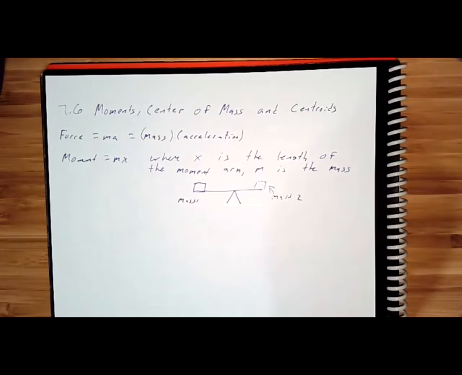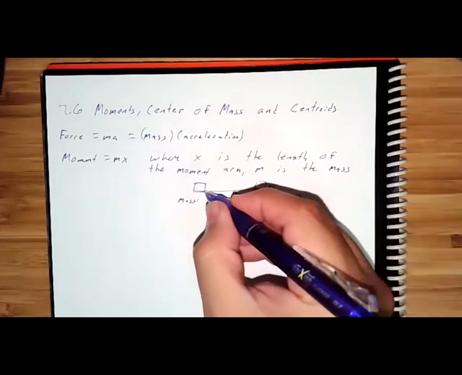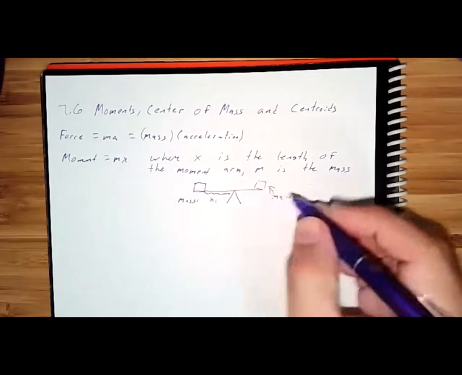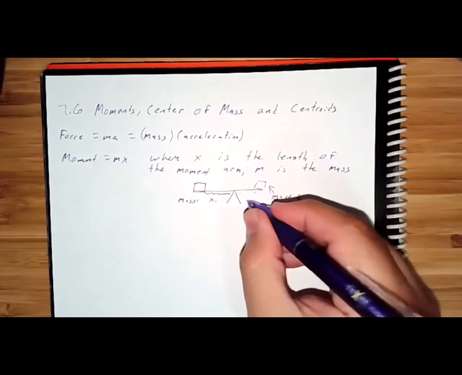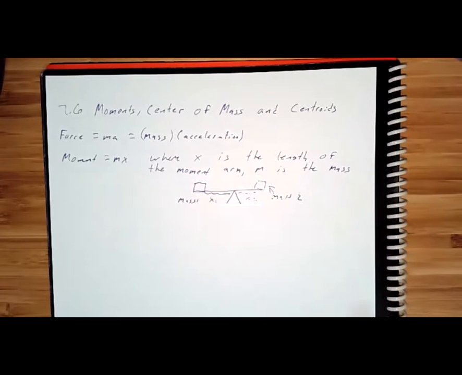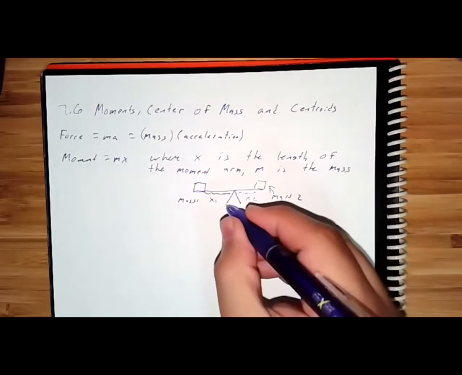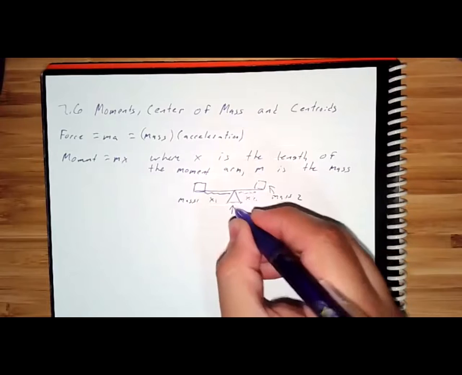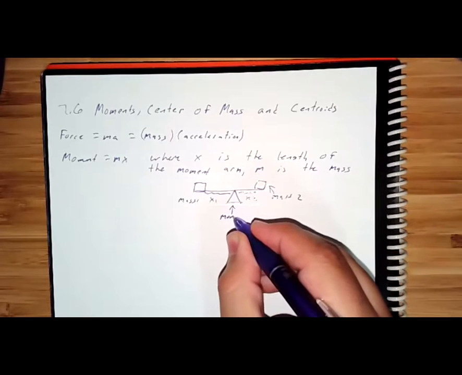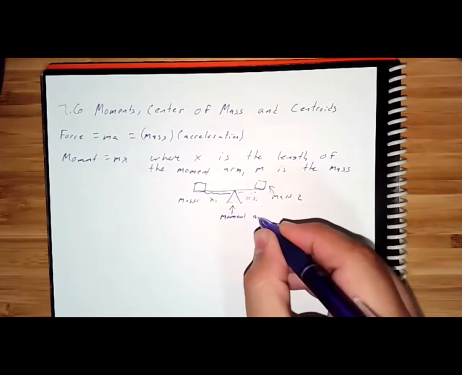So the x distance is this. This is one arm distance x1, and another x2 distance. And this little chunk right here is the moment arm.